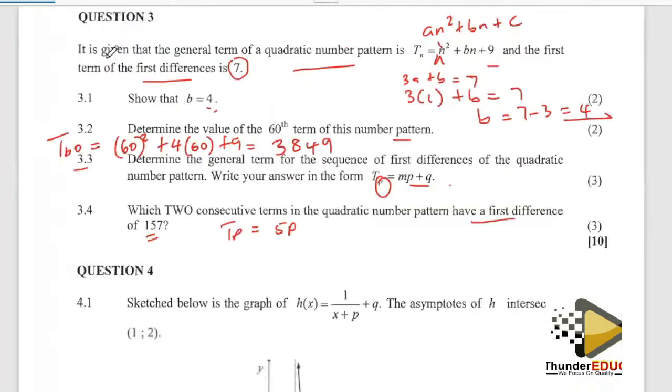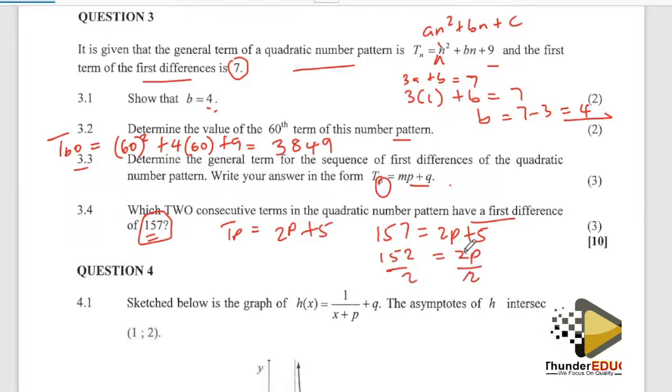No, 2p plus 5. So where there is Tp, I'm going to replace with the 157 and then solve for p. So 157 is equal to 2p plus 5. I move the 5 that side. It's going to give me 152 is equal to 2p.